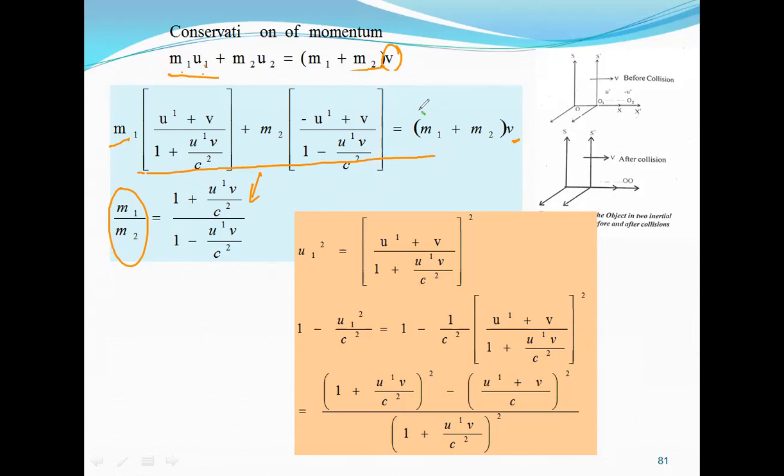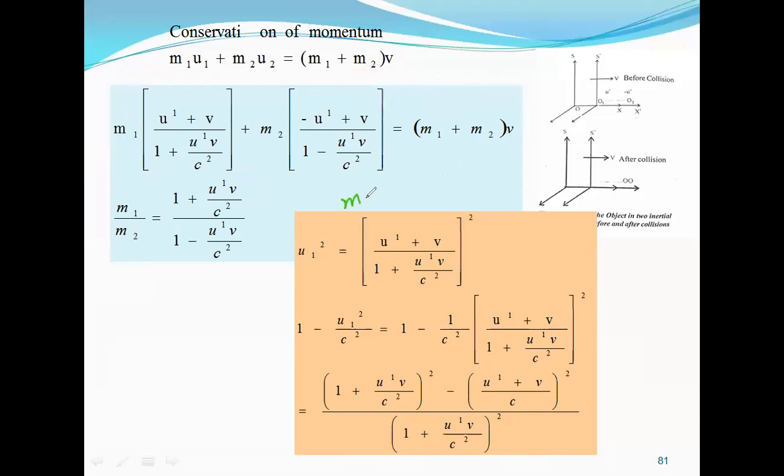So you just bring the m1s to one side and the m2s to this side. How do we do that?